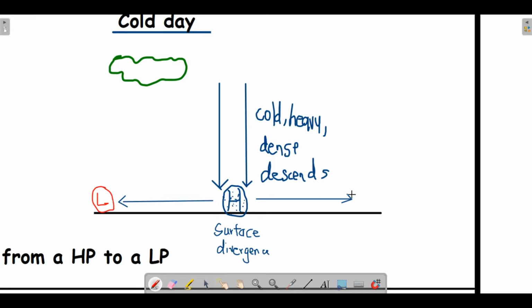So basically these are all connected, and the reason why it moves, guys, from high pressure to low pressure is the pressure gradient force. This moving air is wind. So that's how wind occurs, guys. It is basically moving air that is driven or pushed by pressure gradient force.